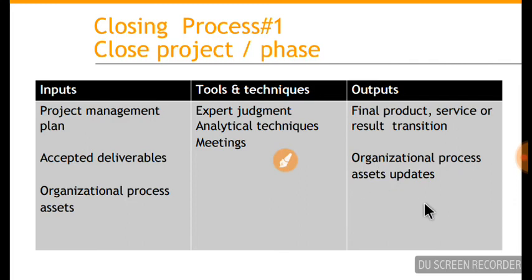Some examples are the rejection rate of the material, vendor rating, performance rating of the team, updating of the upper control limit, and organizational capability baselines. All these things can be considered examples of organizational process assets updates.